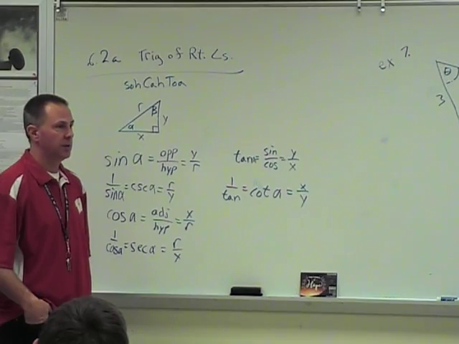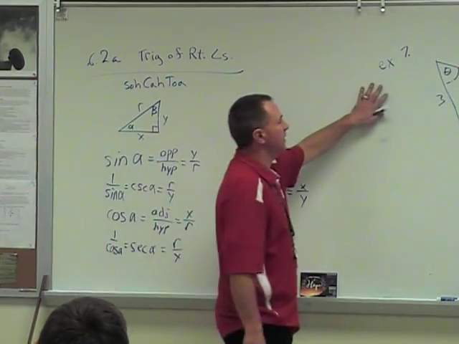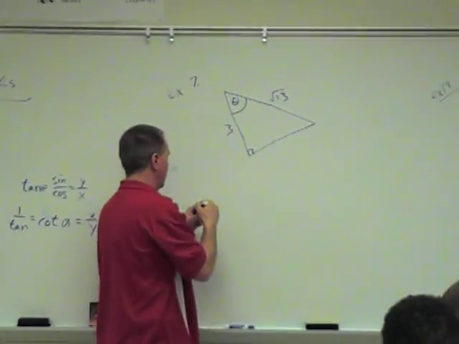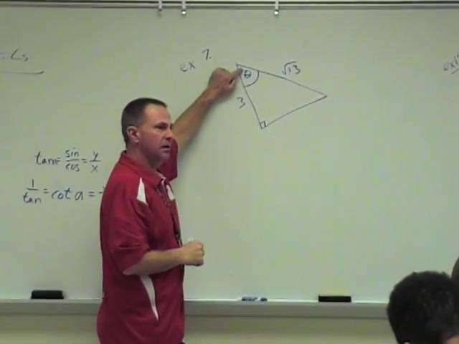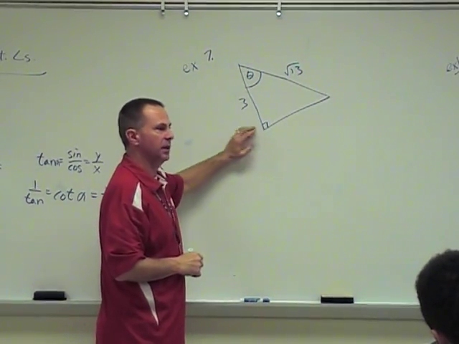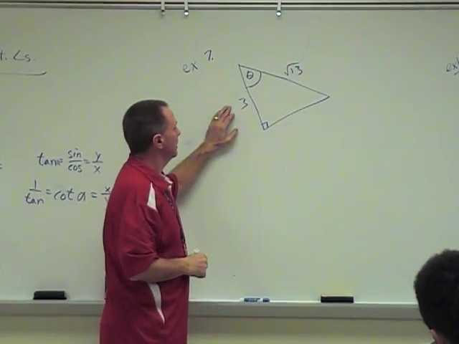All right, let's do some examples. So in example 7 here, we're given a right triangle, and we want to know the theta of this corner. We want to solve the triangle here. We want to get this other piece that's missing here.